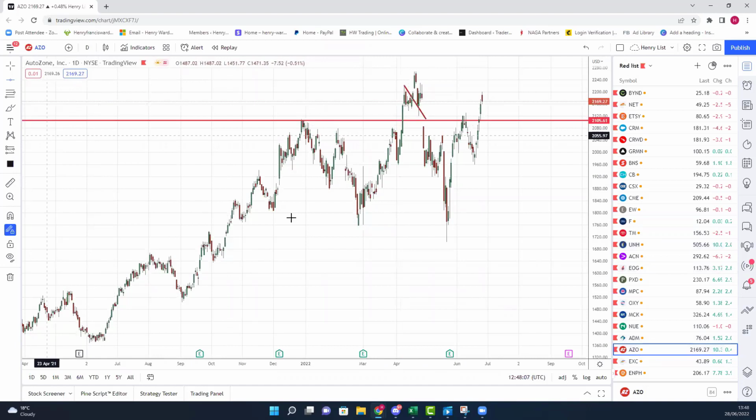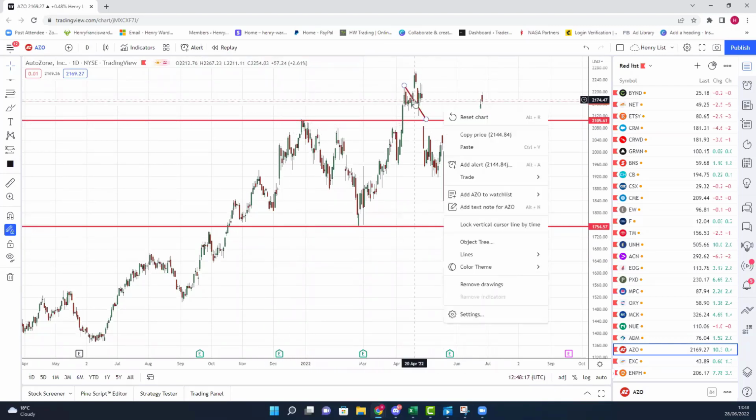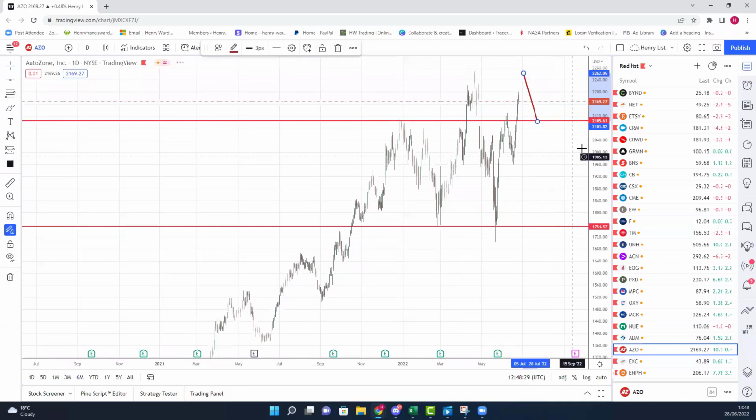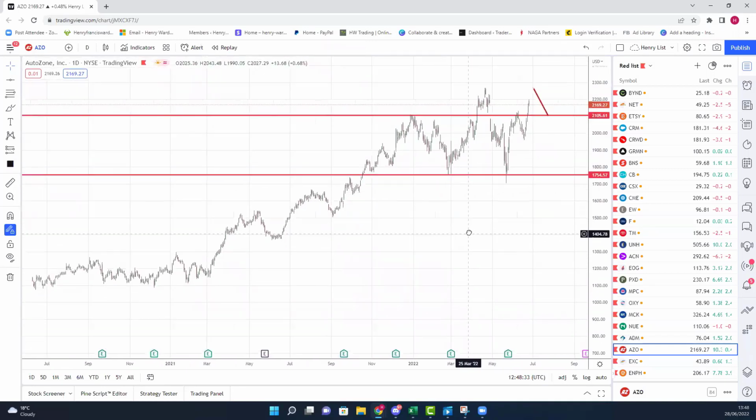AutoNation, similarly, came back here to this level, double bottomed, and then took off again. Now we do have this horizontal going on here, and we want that to continue going up, probably to that high. I want that to go up to that high and then come back to this level. Whenever it comes back to that level, then we could have a potential trade on this.